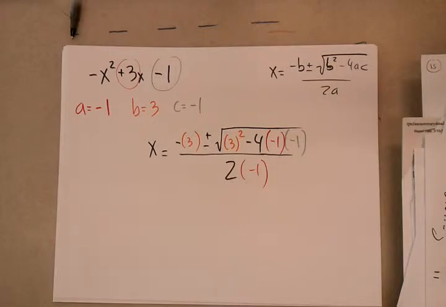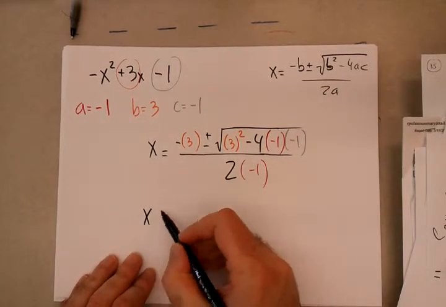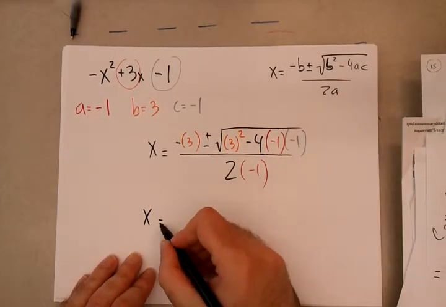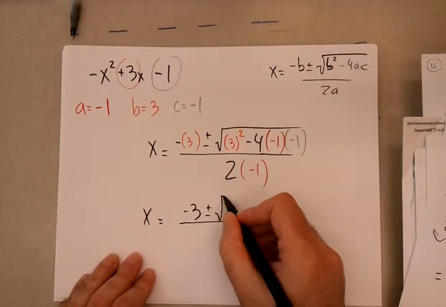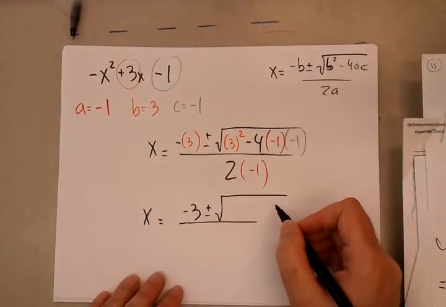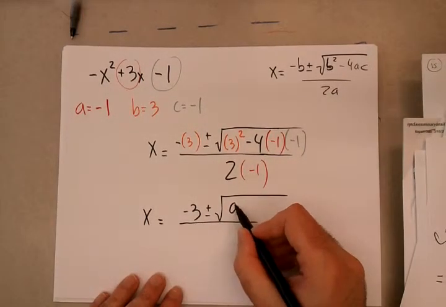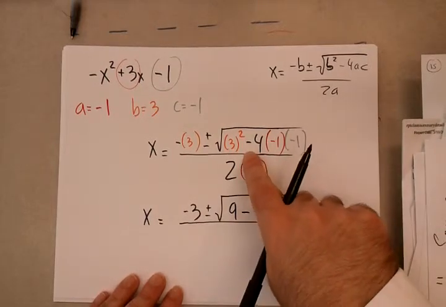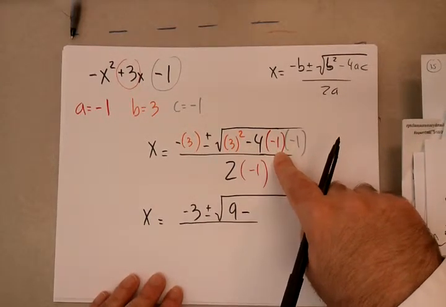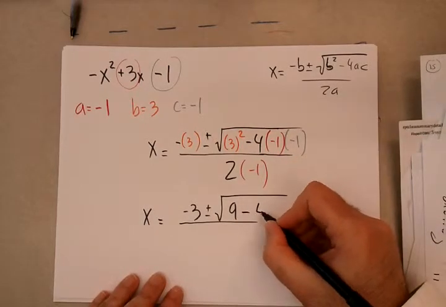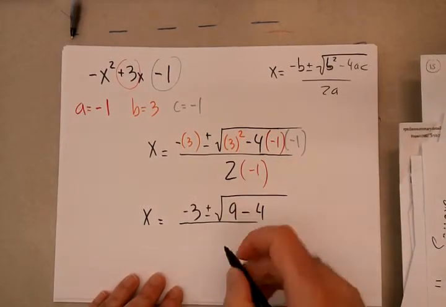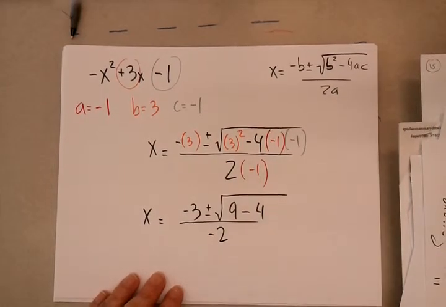All that's left to do is crunch our numbers. So over here, negative times a 3, it's just a -3. That's going to be 3 squared, which is a 9, minus -4 times -1, that's a +4, times -1, becomes a negative 4 again. Down here, 2 times negative 1 is just a negative 2.